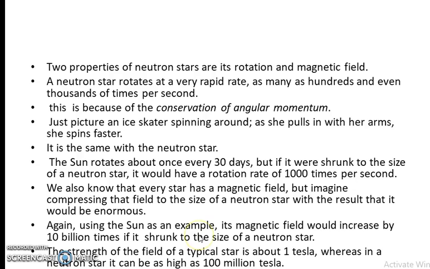If we take the case of the sun and imagine the sun is reduced to the size of a neutron star, then the magnetic field should increase by 10 billion times the actual magnetic field the sun has now. So when any object's size is reduced, its rotations increase, and its magnetic field increases. The strength of the magnetic field of a typical star is about 1 Tesla, but for a neutron star, the magnetic field is of the order of 100 million Tesla.